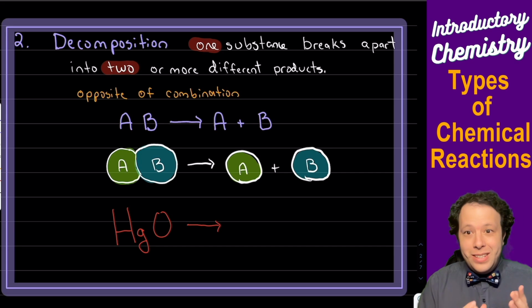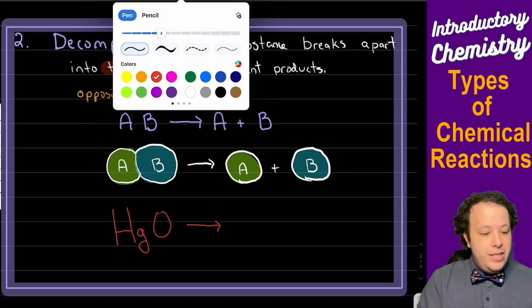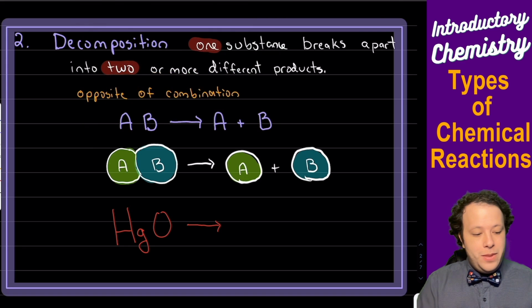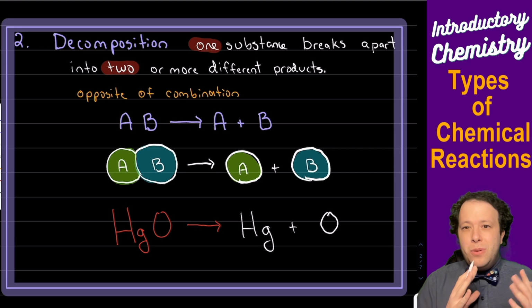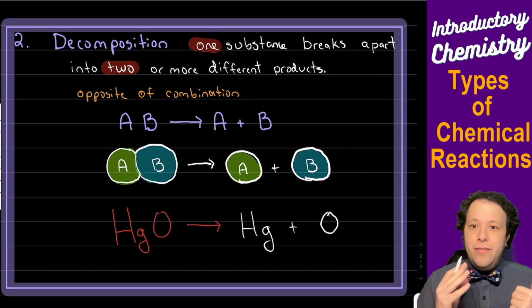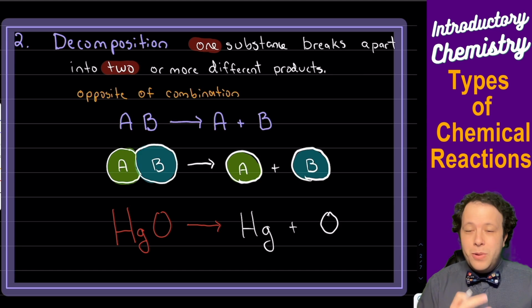Well, we would assign our little letters, right? A would be for mercury, B for oxygen. So that means it's going to be breaking down into its individual pieces. So it's going to break down into mercury and oxygen. Now, one thing about this is we have to remember other little skills. If you have individual elements forming, we have to remember our diatomics as well.